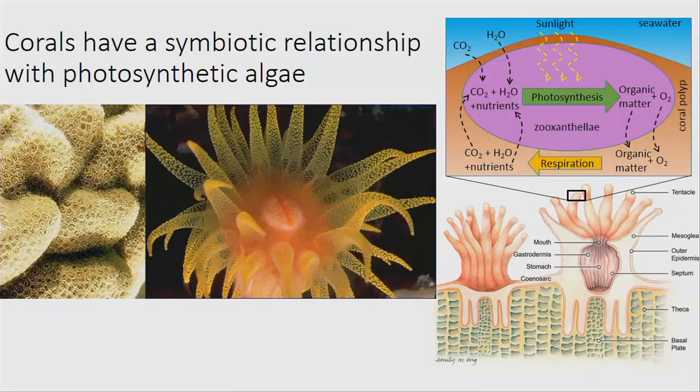It's related to the sea anemone, and it feeds using these little tentacles that grab some food and move it towards this mouth area here, and then it's got this stomach which it can absorb nutrients and carbon through.